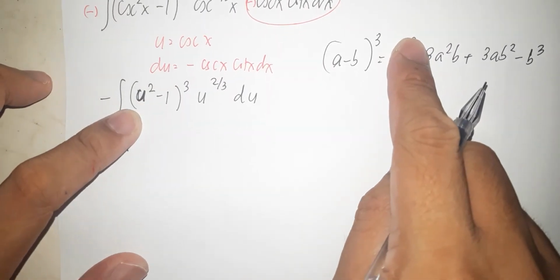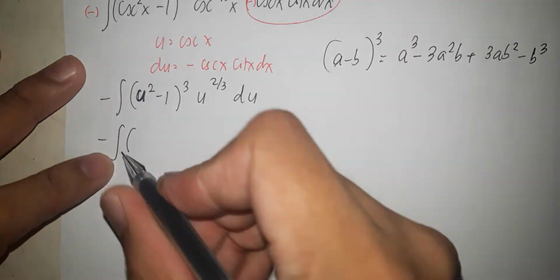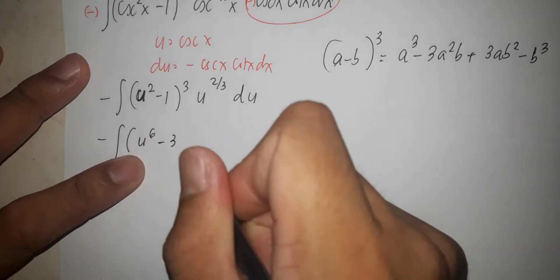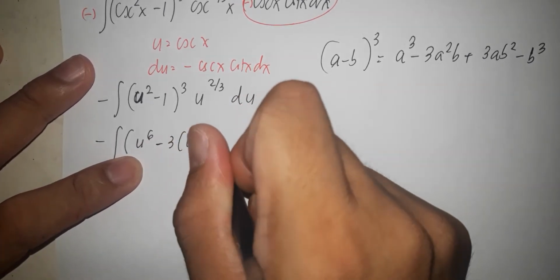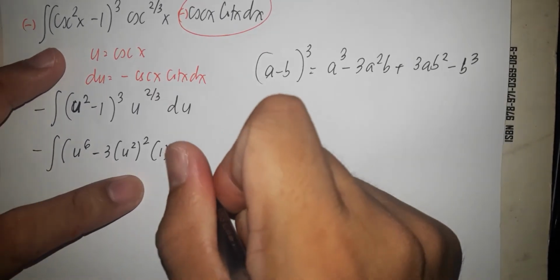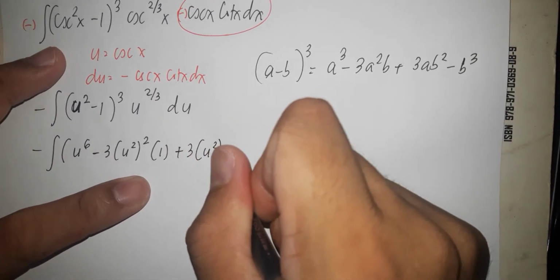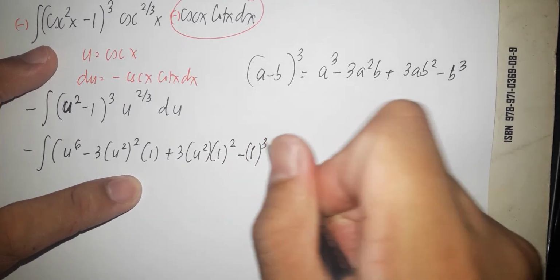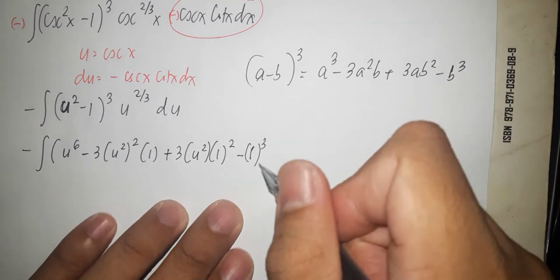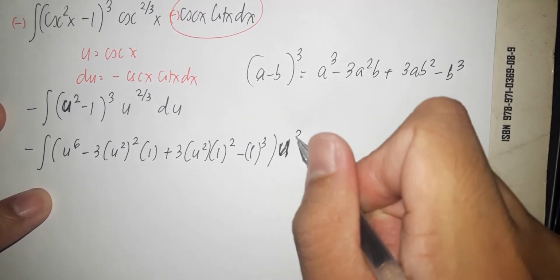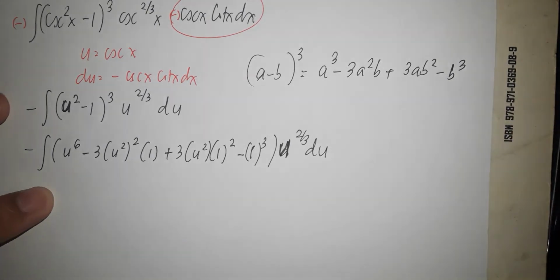If I cube u to the second power, that gives you u squared to the third power, which is u to the 6, minus thrice the product of the square of u squared and the second term, plus thrice the product of u squared and the square of the second term, minus the cube of the second term. That is being multiplied by u to 2/3 du.